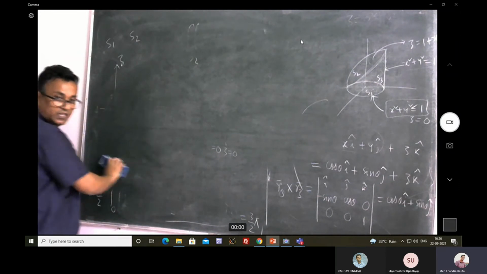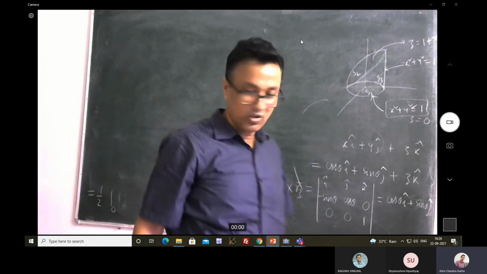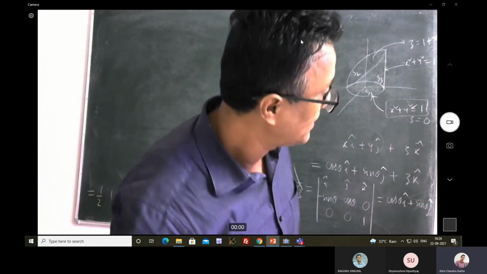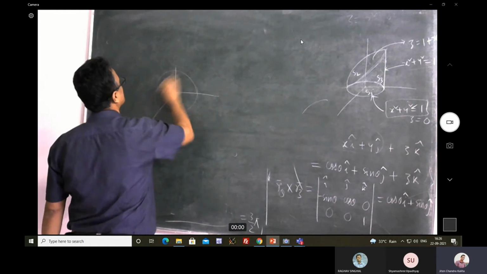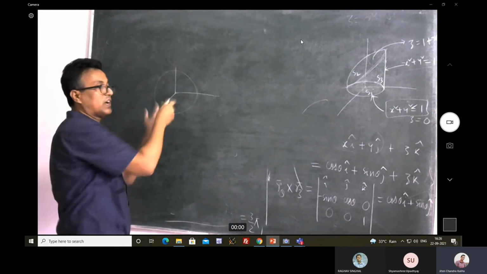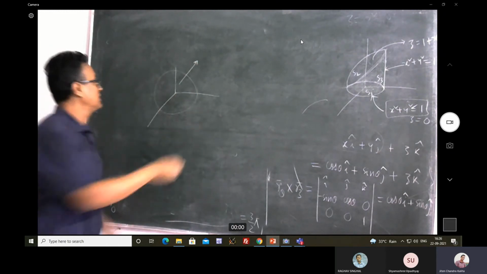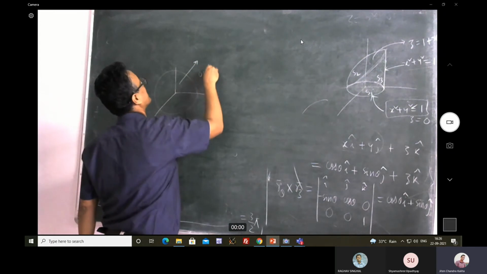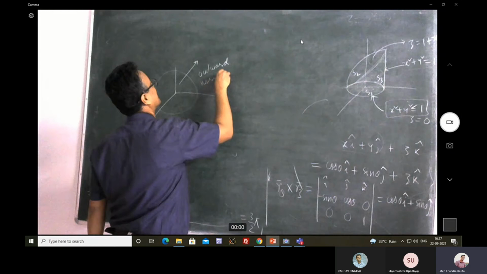See what it is saying. Suppose I consider a sphere. All vectors on the surface of the sphere that are coming outside of the sphere, I am going to call outward normals.